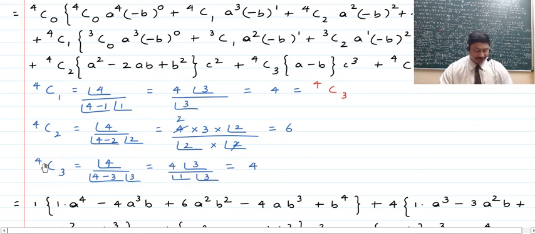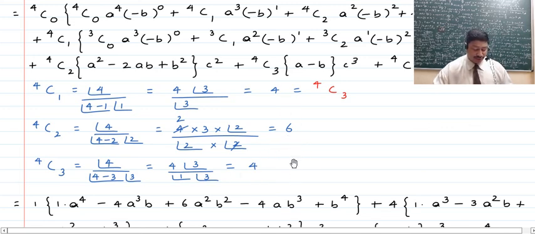So 4C3 will become equal to 4 factorial divided by the factorial of the difference of the superfix and the suffix, times the factorial of the number in the suffix. Then 4 factorial can be written as 4 times factorial 3. Factorial 3 will get cancelled from the numerator and denominator, and factorial 1 is just 1. So we have 4 upon 1, which is equal to 4. This is how the different factorials will be calculated.